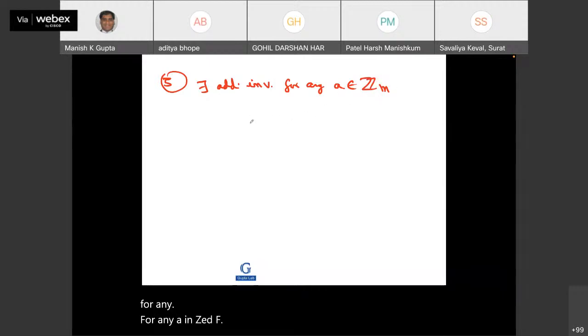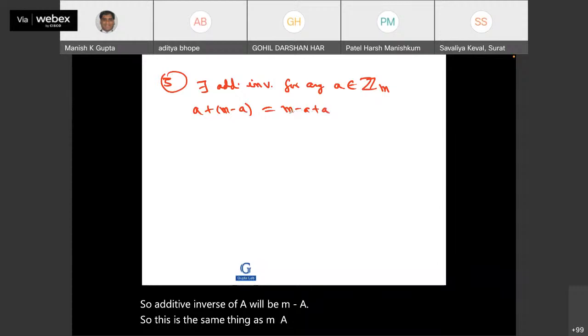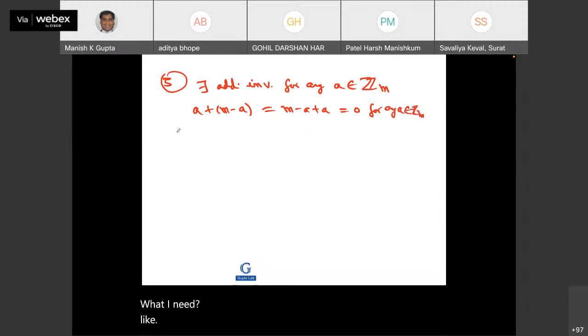The additive inverse of a will be m minus a, so m minus a plus a is 0, for any a in Zm.